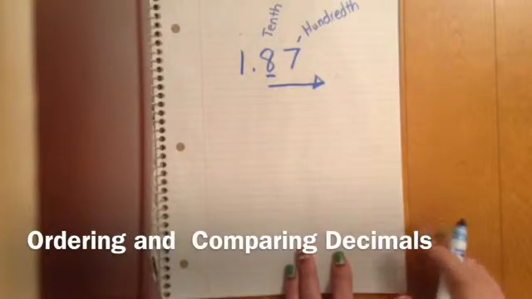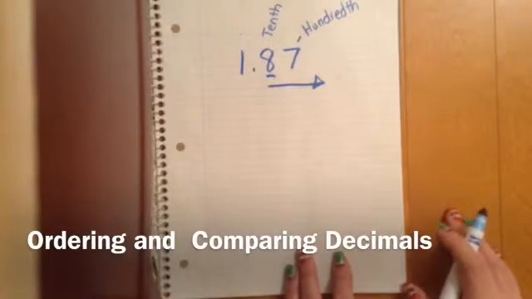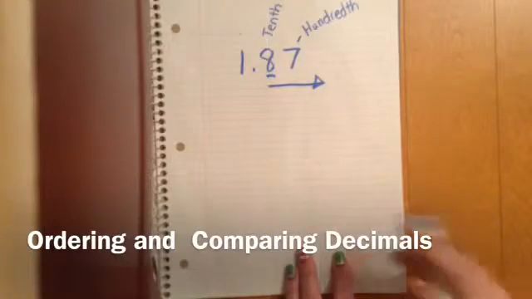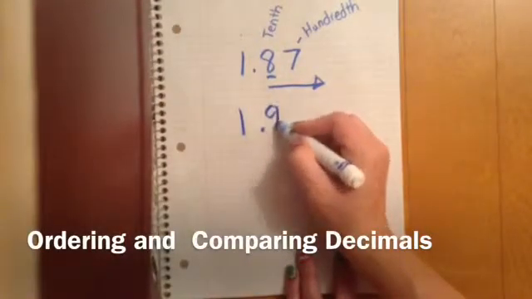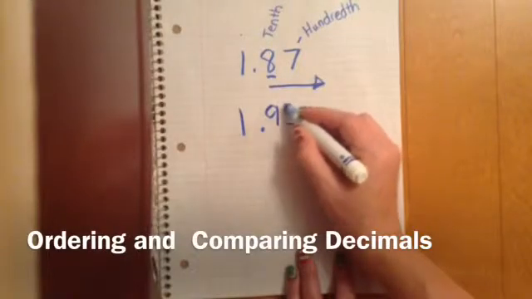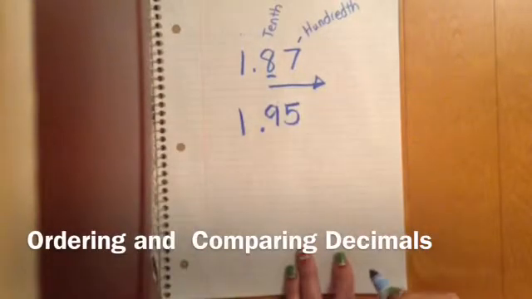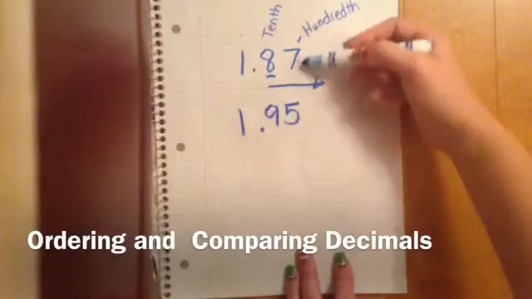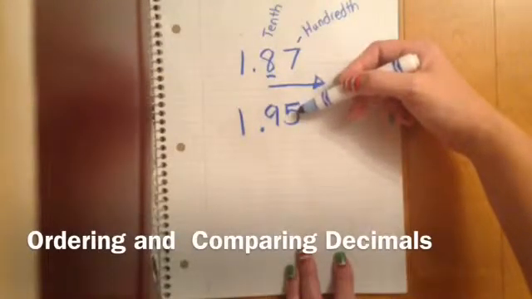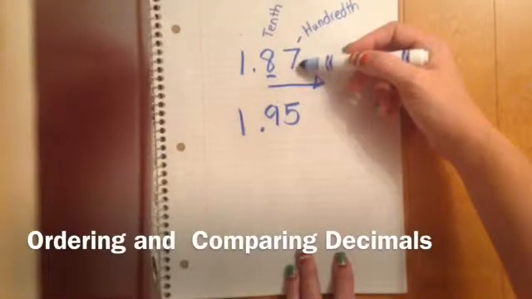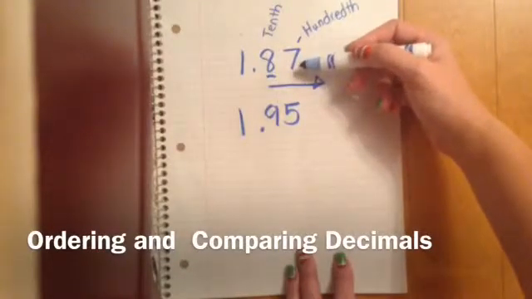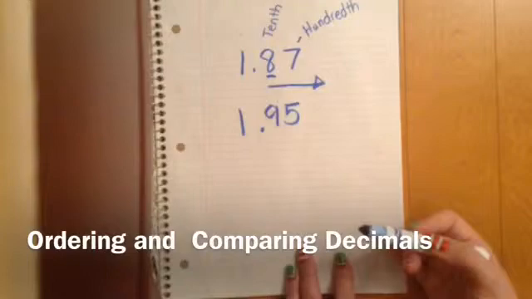All right. So when we're comparing decimals, we need to think about the place value that it's in. So if I've got two decimals, you might look at the decimals initially, and you might think that this is smaller than this, so therefore, this one is larger. But what you need to do is line them up.